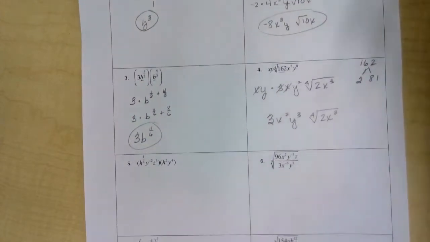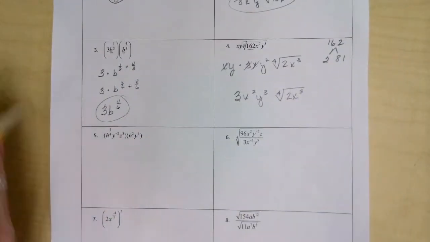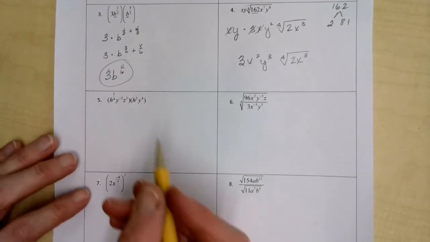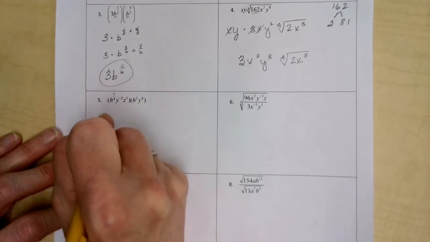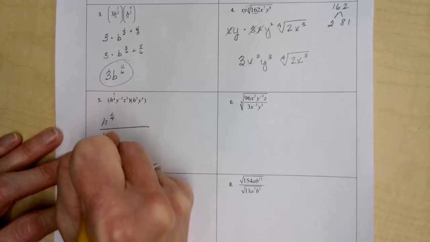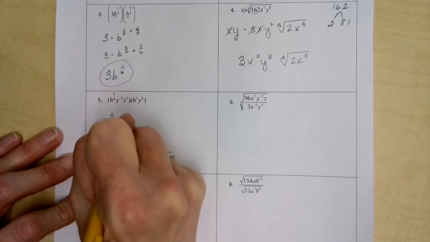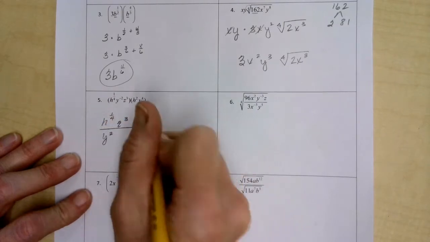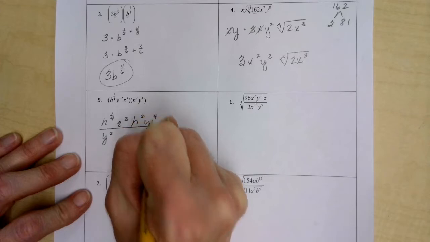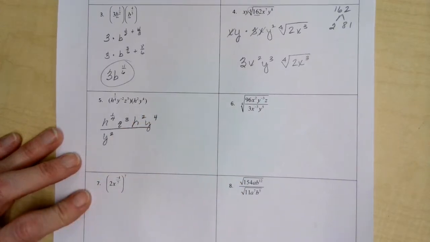Alright, moving on to number 5. H to the 1/4 power, y squared comes down, z cubed stays, h squared stays, and y to the 4th stays.